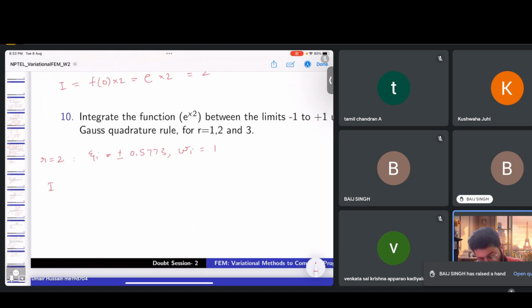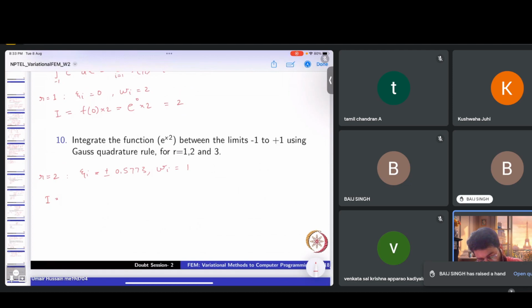So our integral becomes e to the power minus 0.5773 square into 1 plus e to the power plus 0.5773 square into 1.